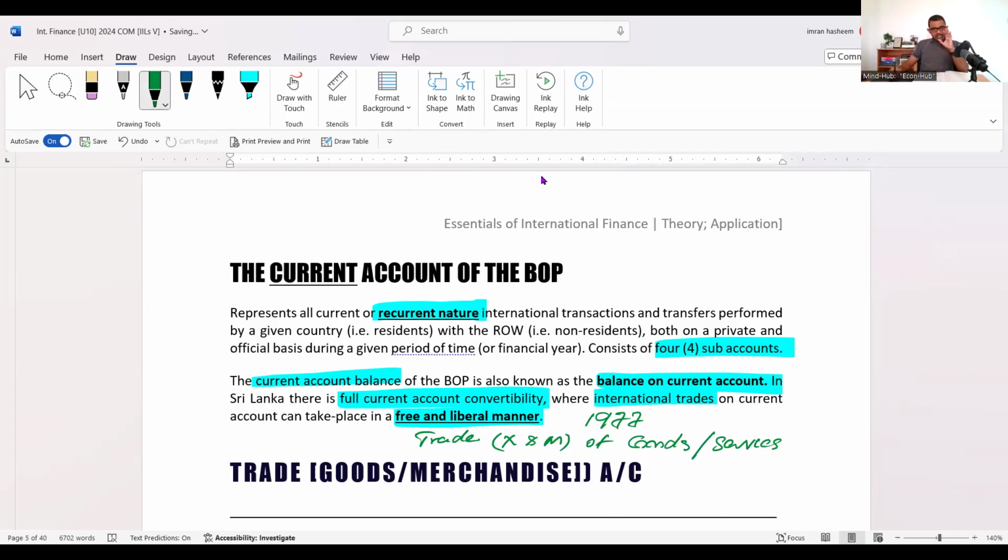So, we can engage in current account related international trade in a free and liberal manner in Sri Lanka because we are an open economy, especially for international trade. So when we say trade, we mean exports and imports of goods, mainly goods and services. Is that clear? Right.